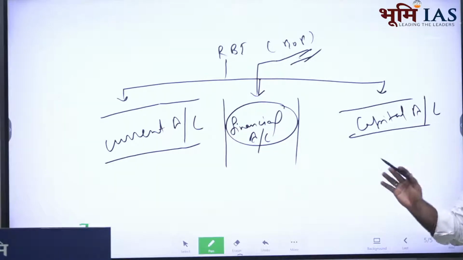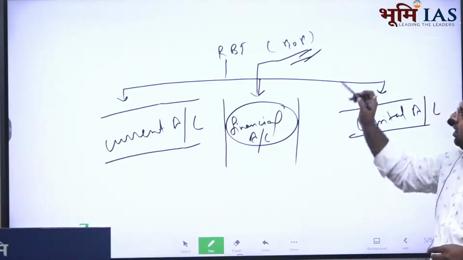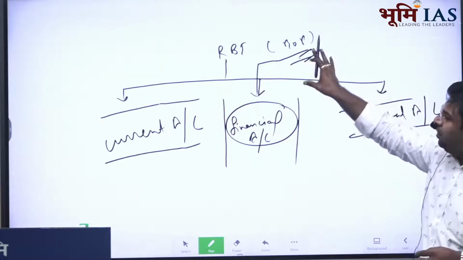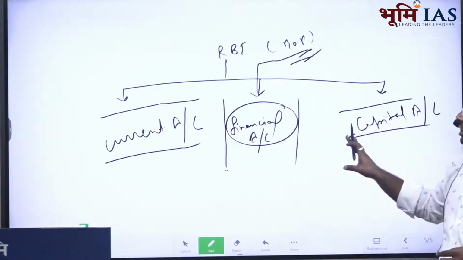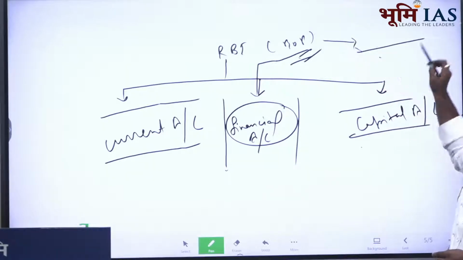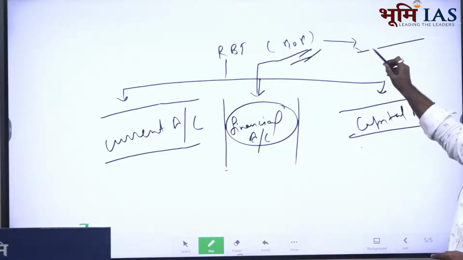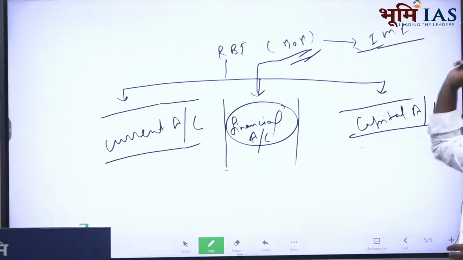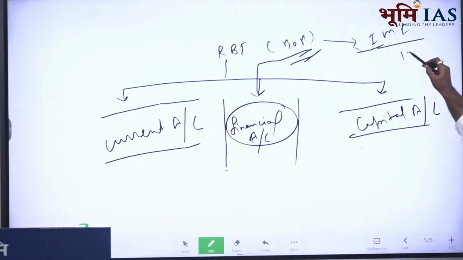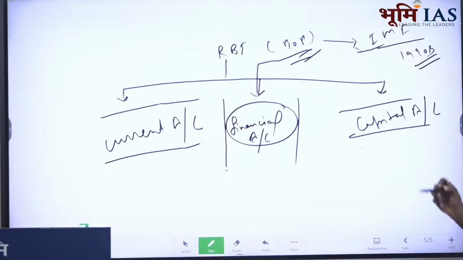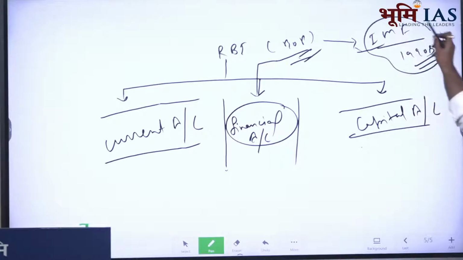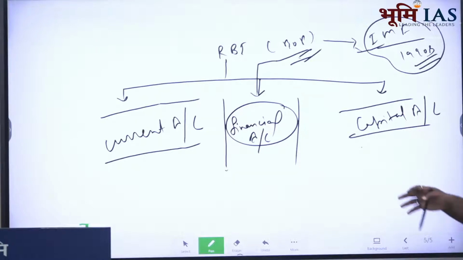So I must clarify here that this very framework of BOP and its possible structure has been propounded at the international level by an agency known as IMF. Fine. During the decade of the 90s, IMF put forward an ideal manual, and that manual guides countries or the governments of different countries on in which manner they have to prepare this document.